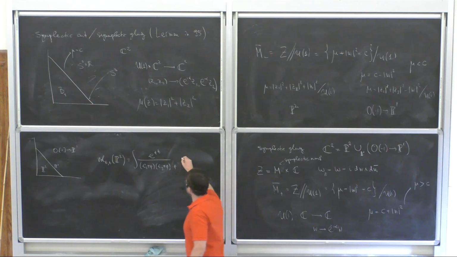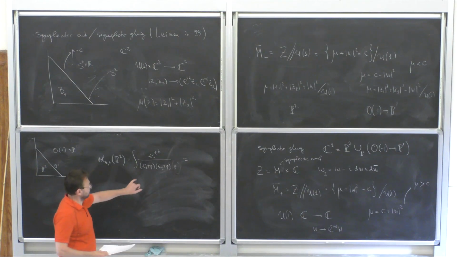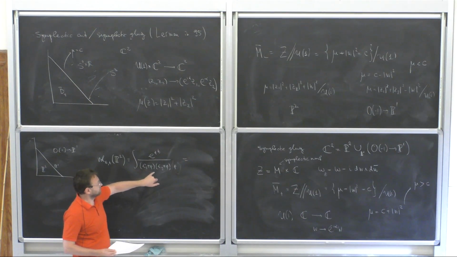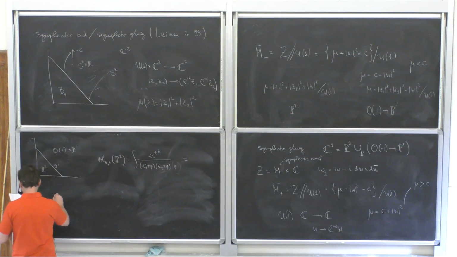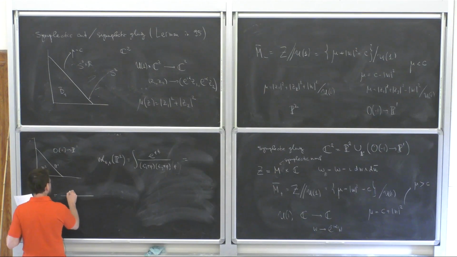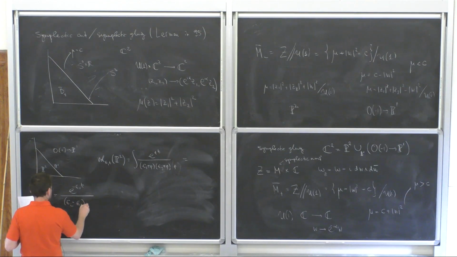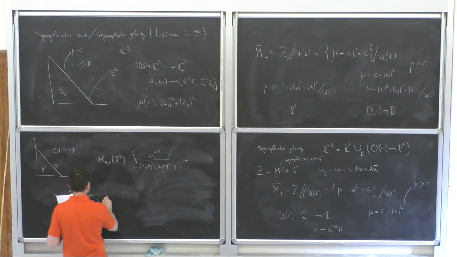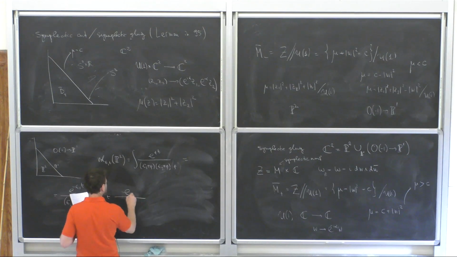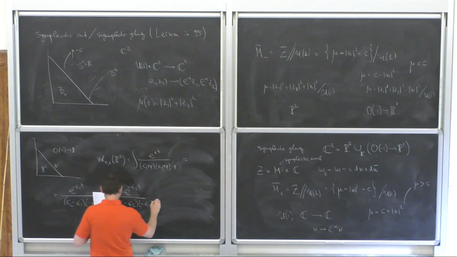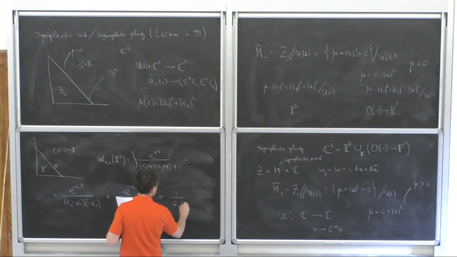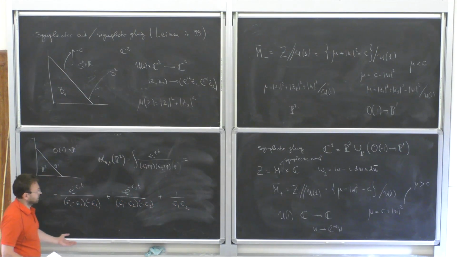If I calculate this integral, there will be 3 poles: phi equal to minus epsilon 1, phi equal to minus epsilon 2, and phi equal to 0. So I get the following: e^{-epsilon 1 t} over epsilon 2 minus epsilon 1 times minus epsilon 1, plus e^{-epsilon 2 t} over epsilon 1 minus epsilon 2 times minus epsilon 2, plus 1 over epsilon 1 epsilon 2. This is one calculation you can do.